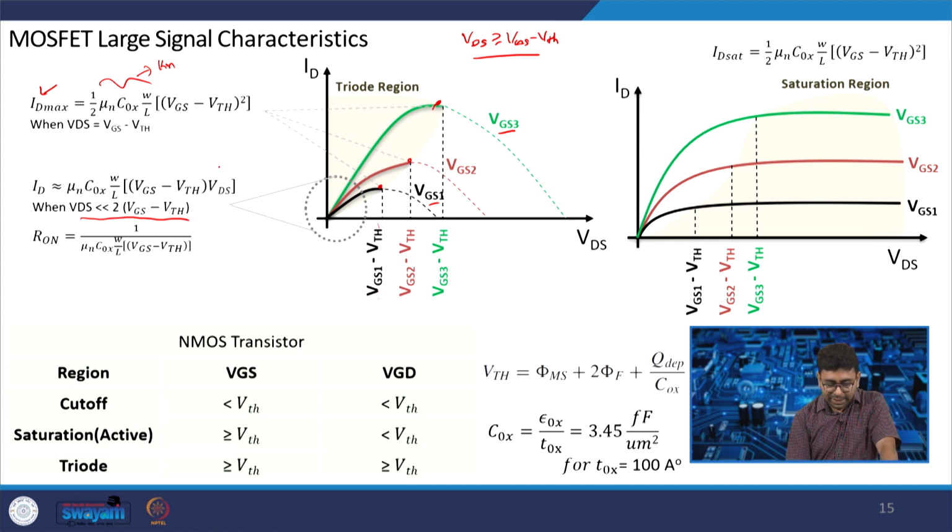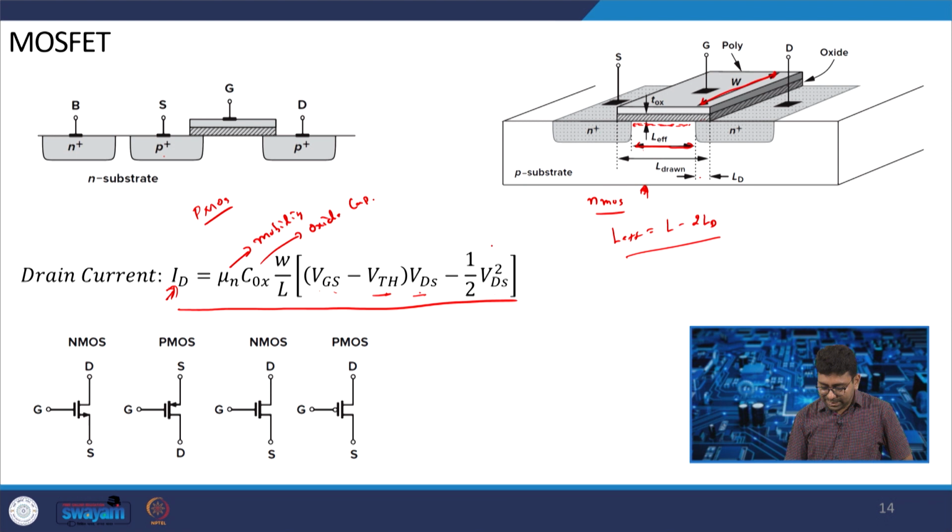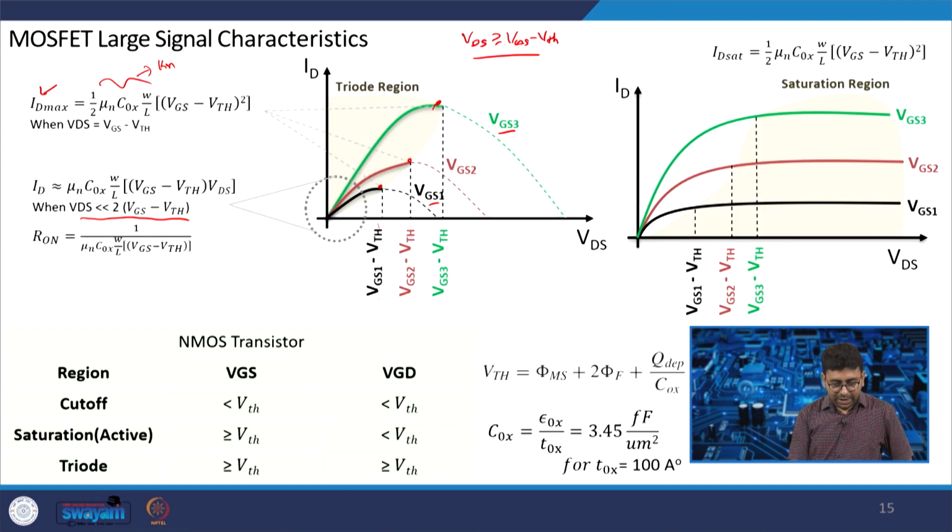Then we can write the ID equation as VGS minus VTH into VDS, where VDS is too small, so we have neglected the other term in this equation and considered only VGS minus VTH into VDS. So, your current is given by mu n C ox W by L (VGS minus VTH) into VDS. Your on resistance is given by 1 by mu n C ox W by L (VGS minus VTH).